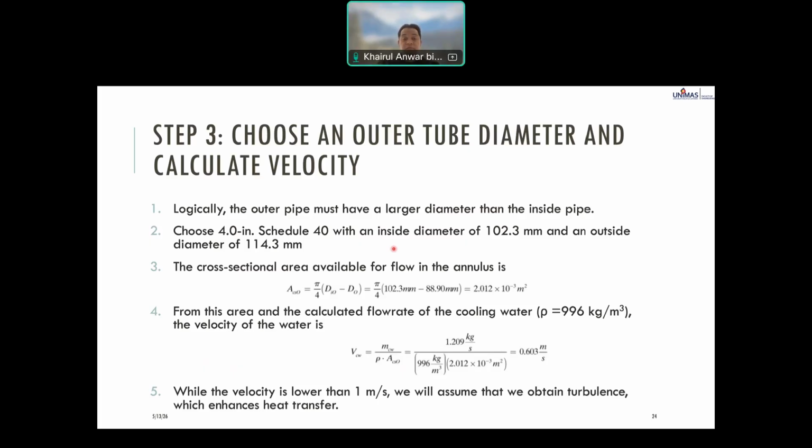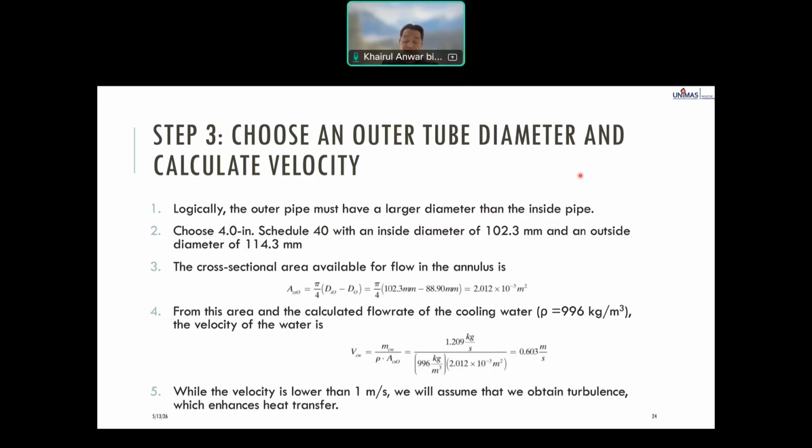Step 3, choose an outer tube diameter and calculate the velocity. Logically, the outer pipe must have a larger diameter than the inside pipe. So choose 4 inches, based on schedule 40.